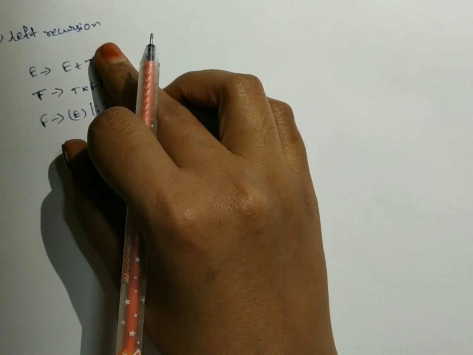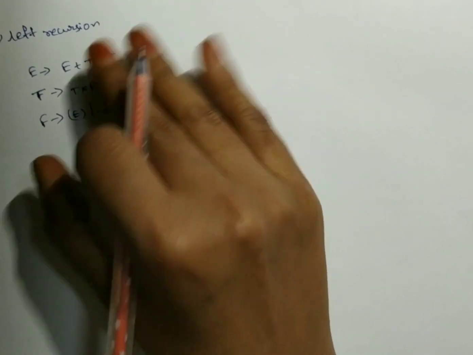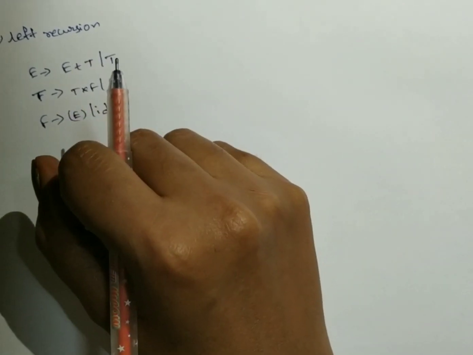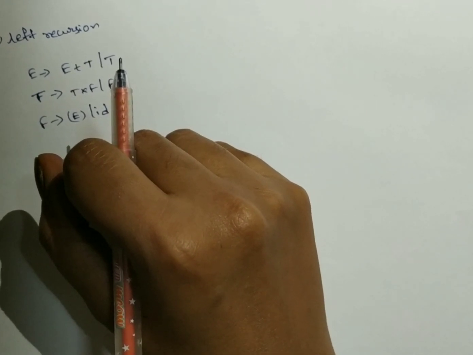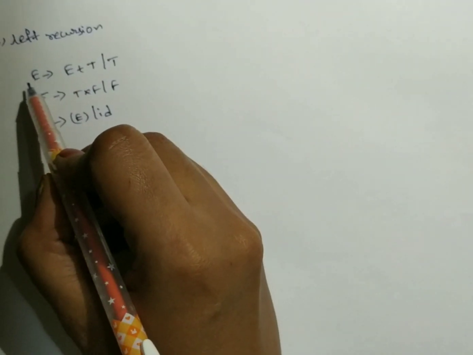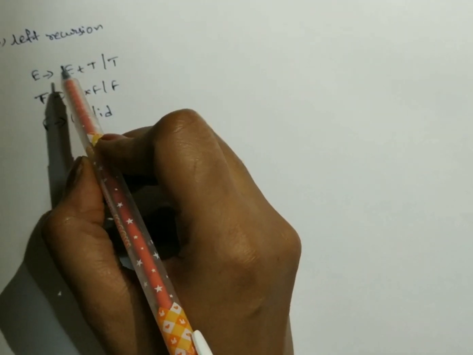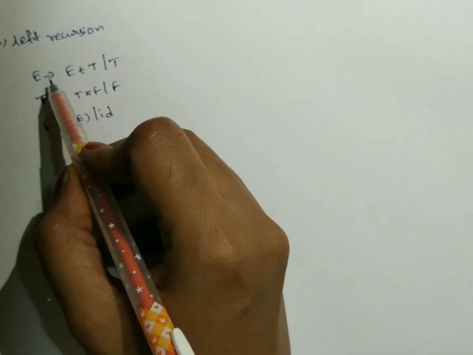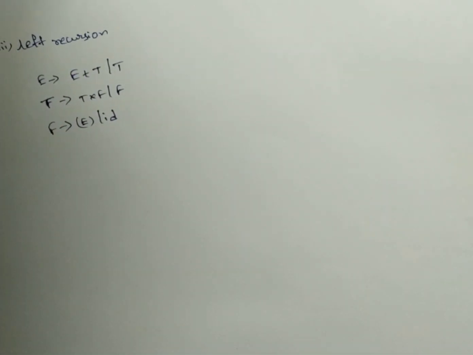Now I will explain how left recursion can be avoided from the given grammar. Here we have taken an example grammar which has left recursion. A grammar is said to have left recursion when the left-hand side and the right-hand side of a derivation begin with the same non-terminal.